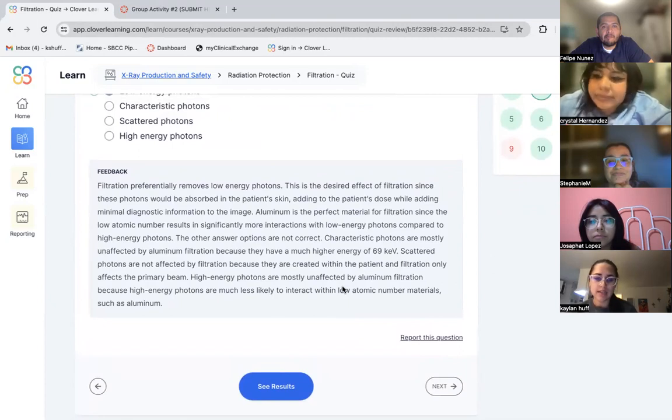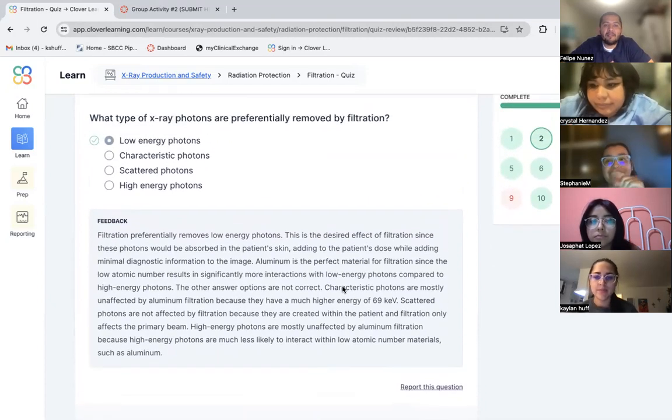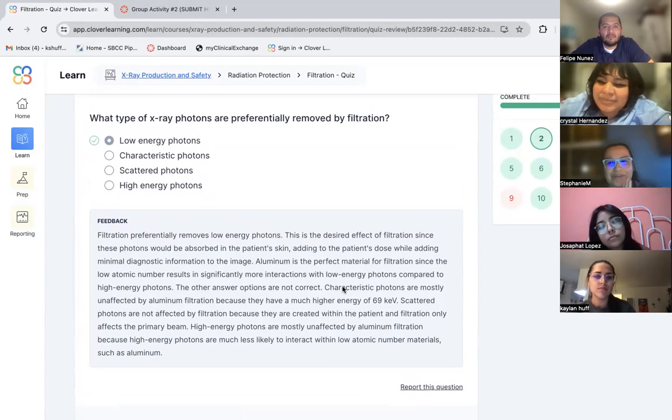Anyone else want to add anything, or do we all agree? Honestly, I hesitated about this one, even though the video did not mention it. I was this close to clicking characteristic photons because of how we talked about it in class, how it has a low energy in general. I thought filtration would take away characteristic as well. But then I thought, never mind, they didn't talk about it in this video, so low energy photons. Wait, but is characteristic the strong one?